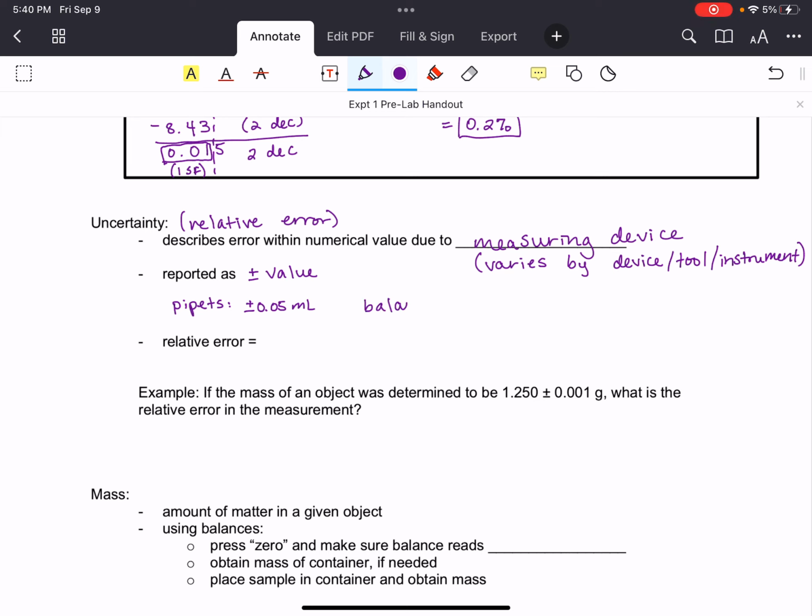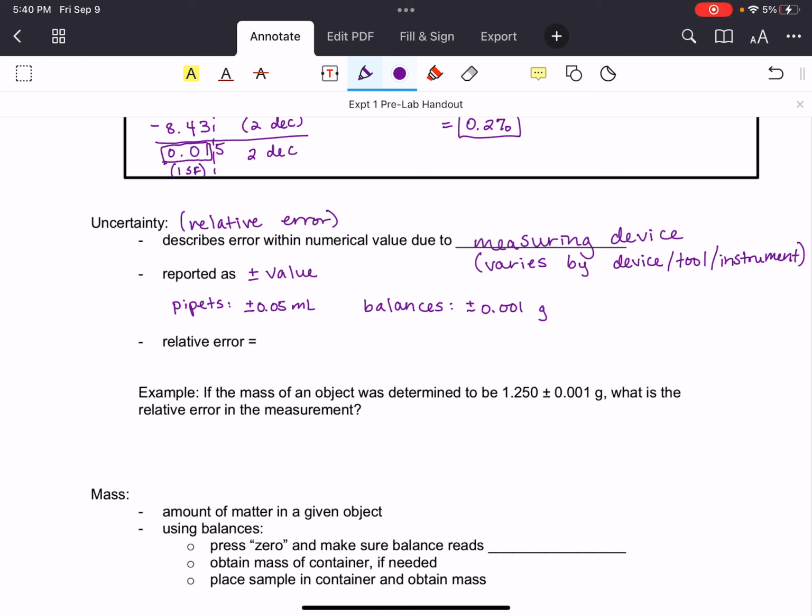Most balances, especially the ones we use, will have plus or minus values of 0.001 grams, meaning that the last digit that you read off of the balance will actually be a small range of values, and we're not really certain what that last digit is, but we can get fairly close to it.